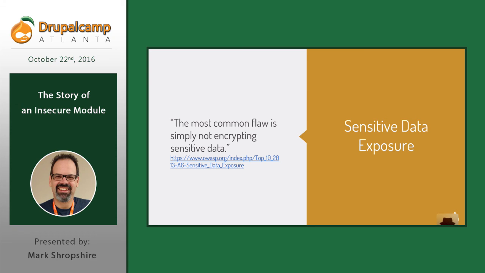Even if you're encrypting the channel that the person's viewing, how about just exposing data that you didn't intend to expose? Not having access control. Having a web service endpoint just expose any node from a Drupal site, whether or not the user should see it, because they can access it just by incrementing node numbers or NIDs. That's a problem.